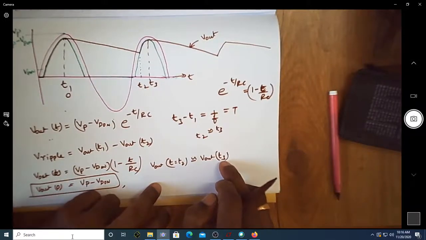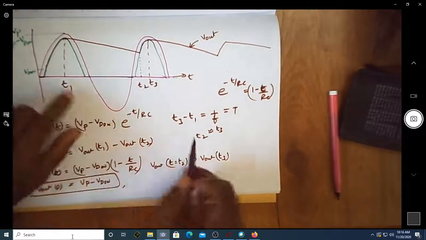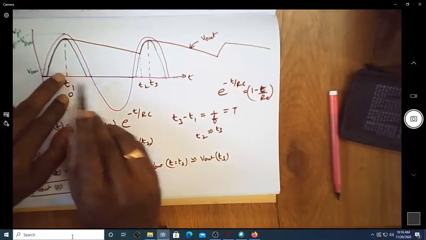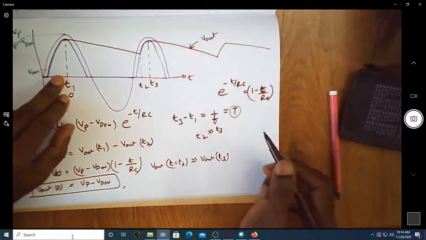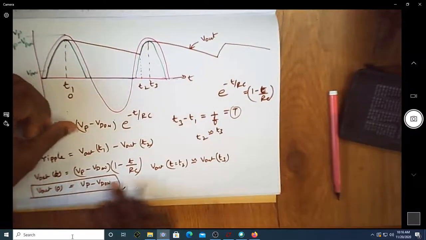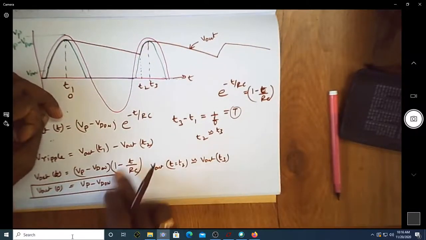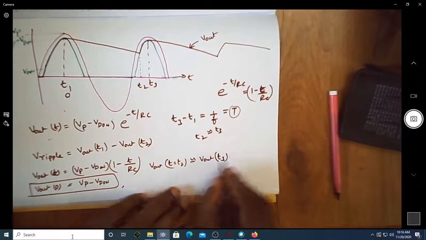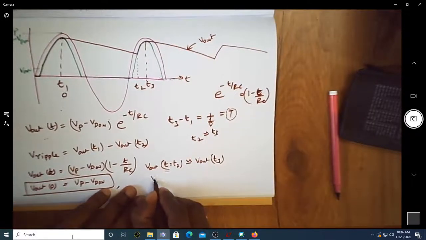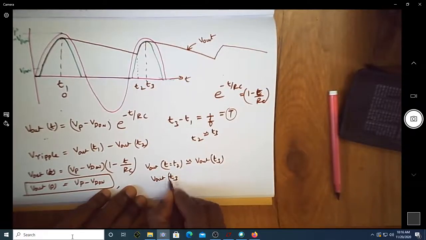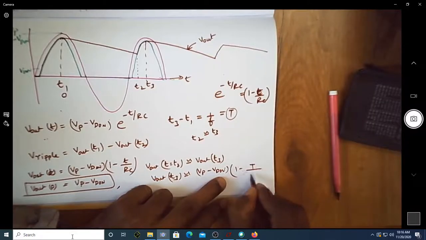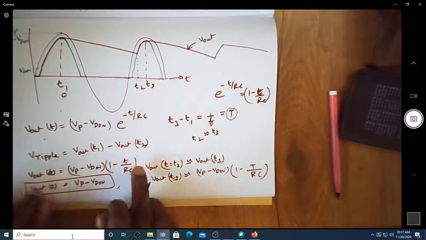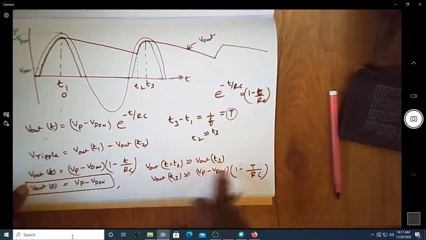The advantage is that it simplifies my calculation, because from 0 to T3 the total time elapsed is 1 over the frequency, that is capital T. So wherever small t is there, I will replace it by capital T. So V out at T3 is approximately Vp minus V diode into 1 minus T by RC, simply replacing small t by capital T in V out of t.